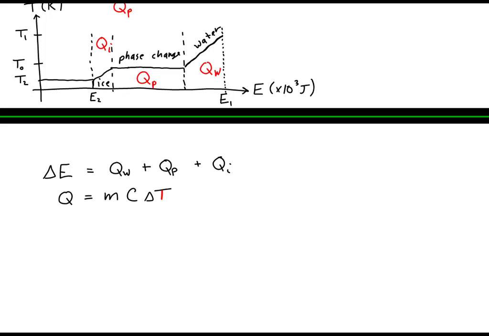So when the water is first cooling down from its initial temperature, we would have the mass of the water times the specific heat of water times the final temperature until we reach the phase change, which I'm calling T0, minus the initial temperature, which I will call T1.